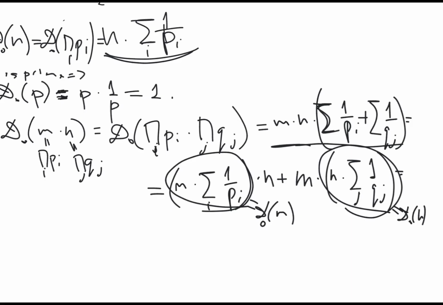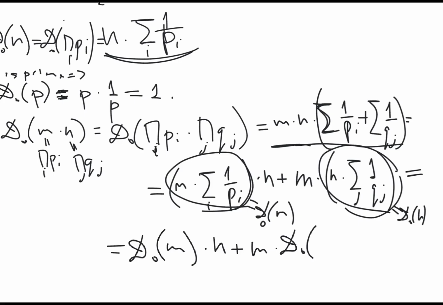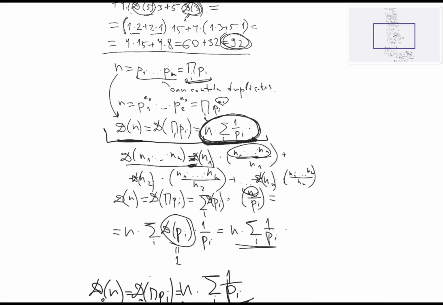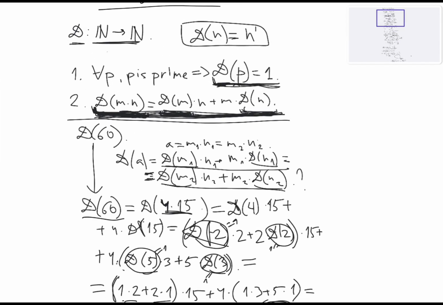So the total is d0 of m multiplied by n plus m multiplied by d0 of n, and this is exactly rule 2, the product rule of the derivative.